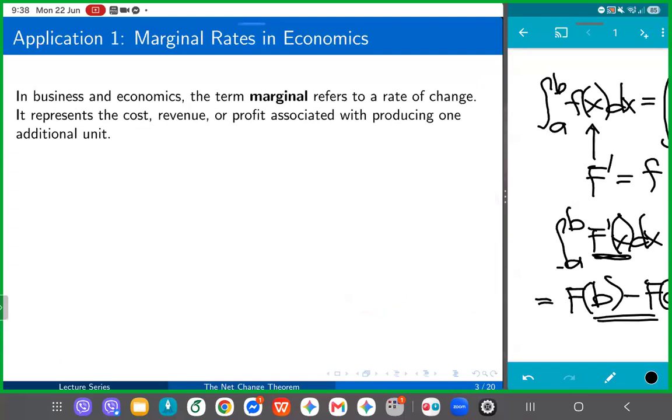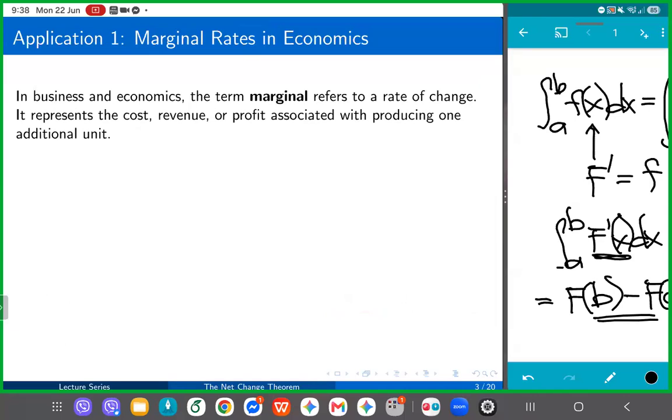So let's have that first application on business and economics, where we were taught in Calculus 1 how to get the derivative of those variables I mentioned, like cost, revenue, and profit.